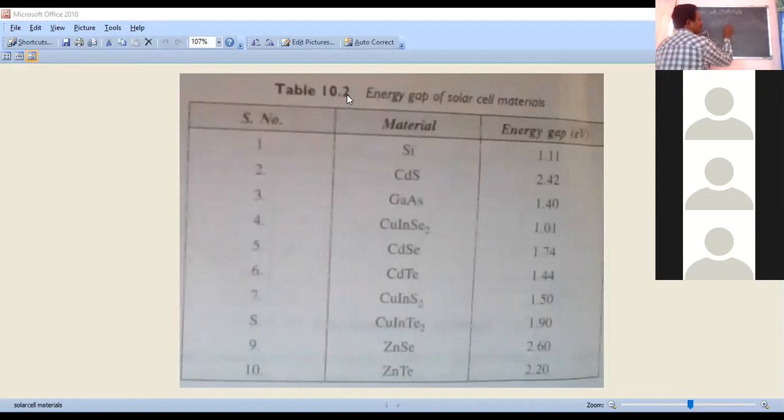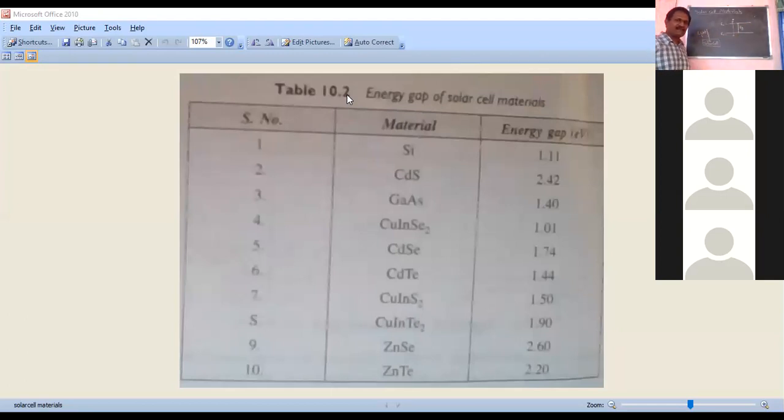See here, if I have two energy states, which are the highest valence band energy and the lowest conduction band energy, then the electron must move from the valence band to the conduction band. Here it requires exactly the energy which is equal to the energy gap.